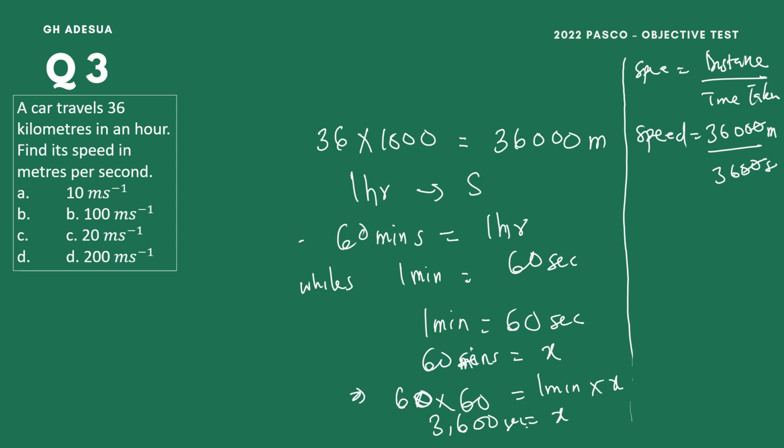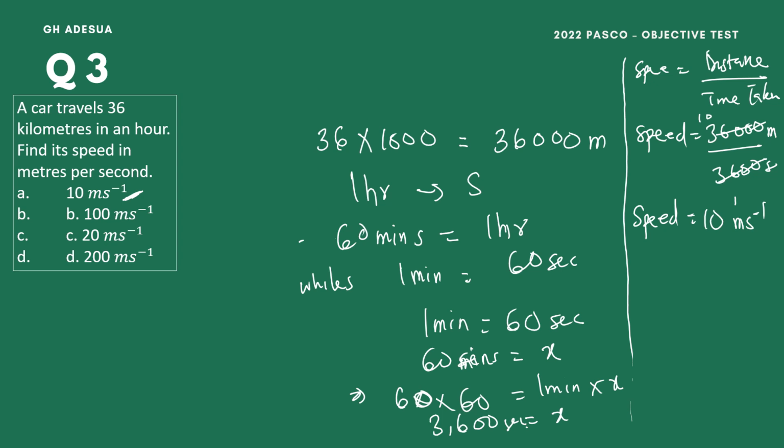Then we know that 36 would go, I would divide 36 10 times. And then our speed now remains as 10 meters per second, which is our option A.